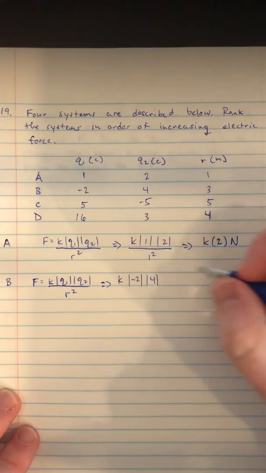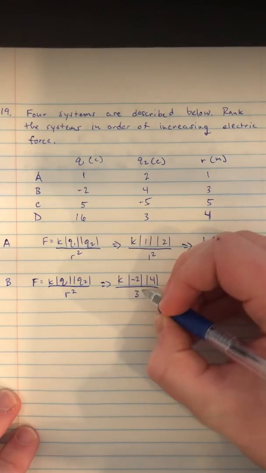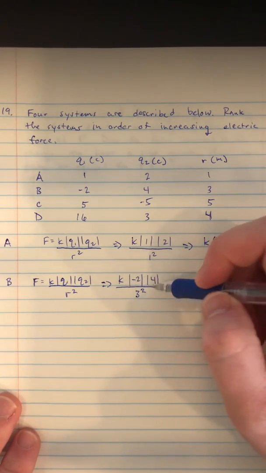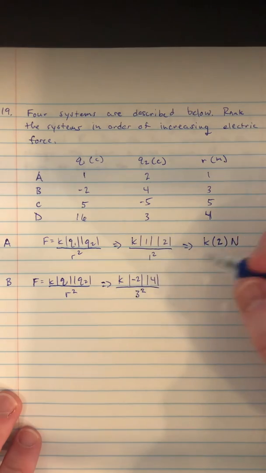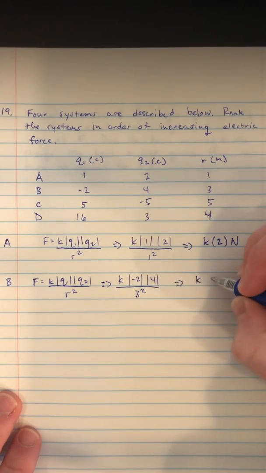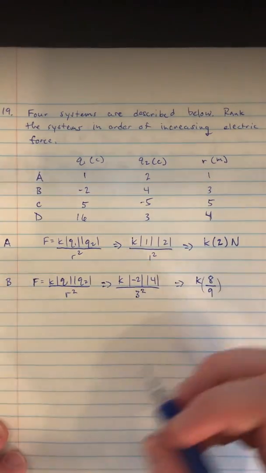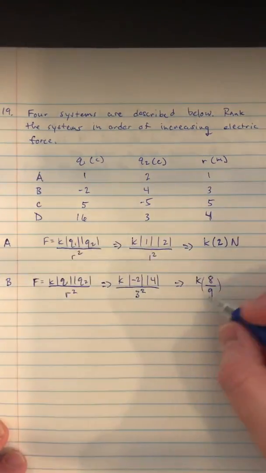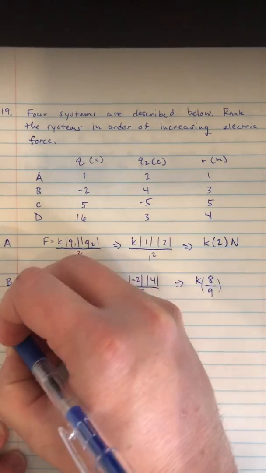Times 4 divided by 3 squared. 2 times 4, this becomes positive because of the absolute value, so 8. 3 squared is 9. So we get K times 8 divided by 9, or K times 8/9. All right. We could do the decimal if we wanted, but I don't think we're going to need to compare them.